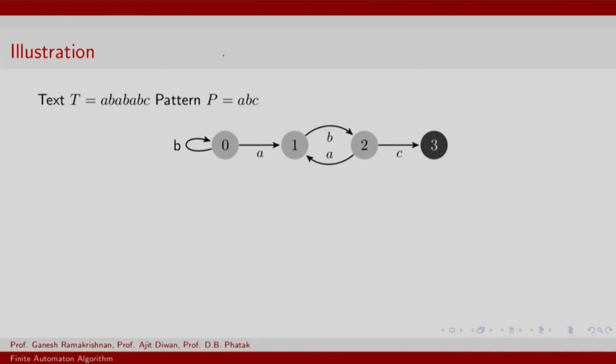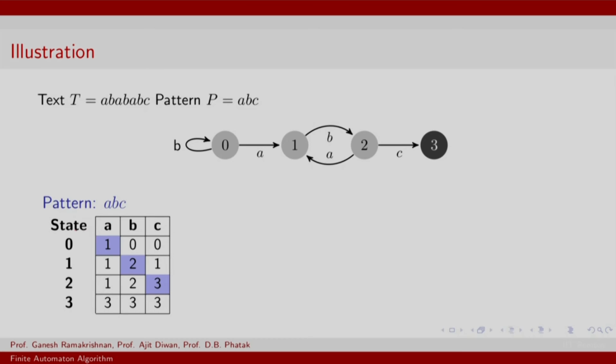So what we will do now is, having constructed a finite state automaton for ABC, we will try and match it to the text T, and we will actually see how we are able to leverage the memory that the finite state automaton gives us.